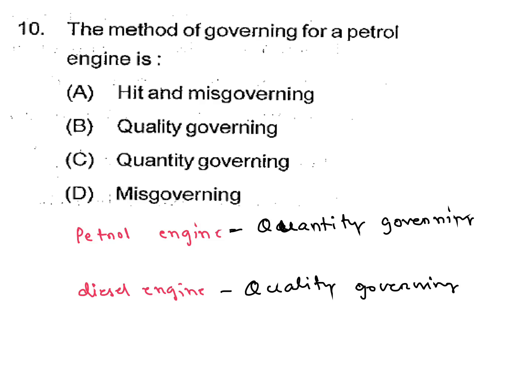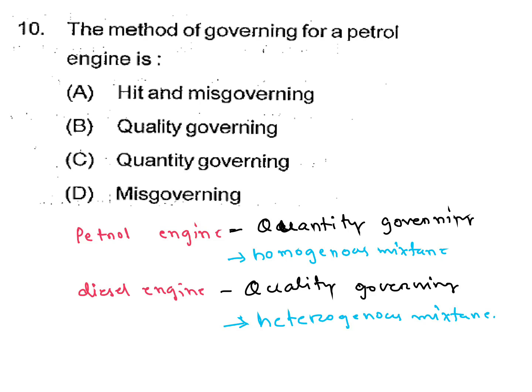Fuel air mixture for petrol engine is a homogeneous mixture. For diesel engine, it's a heterogeneous mixture. This is also very, very important. So in this question, the method of governing for petrol engine is quantity governing.